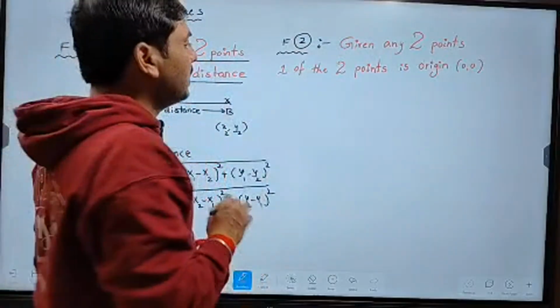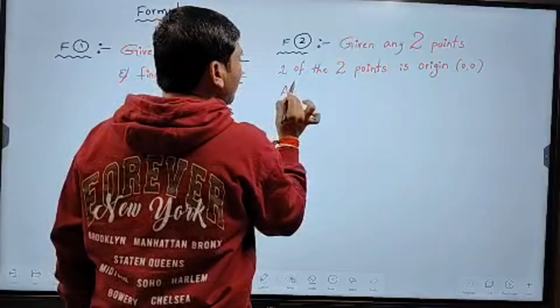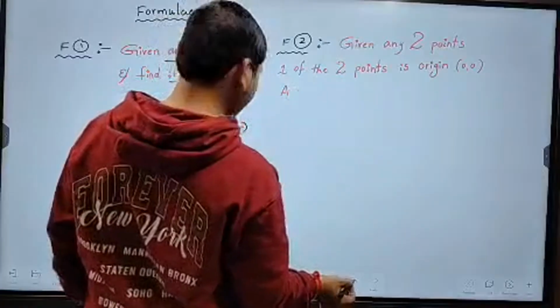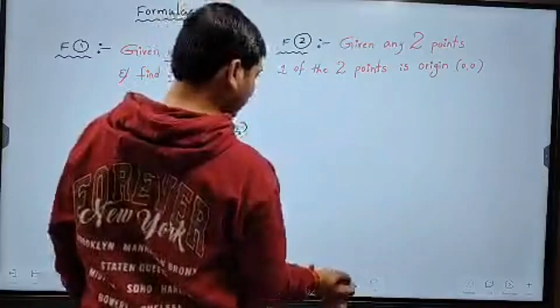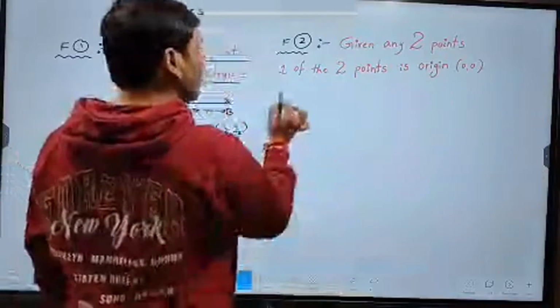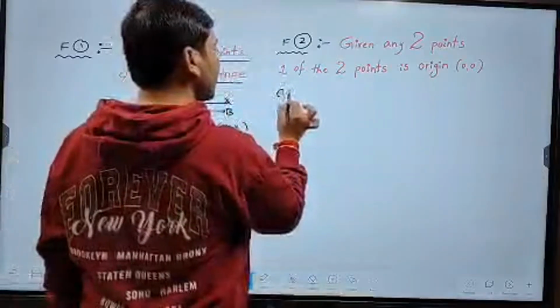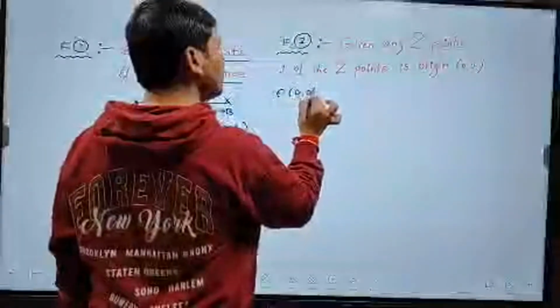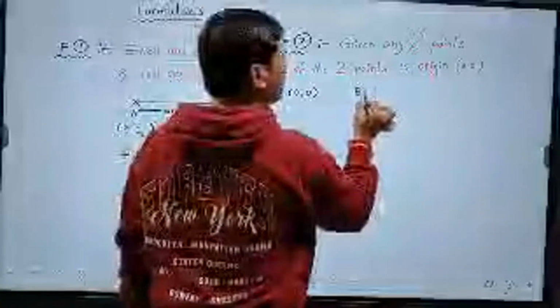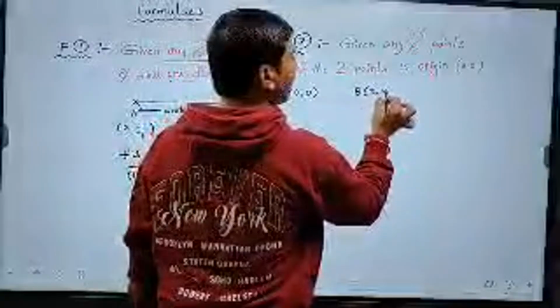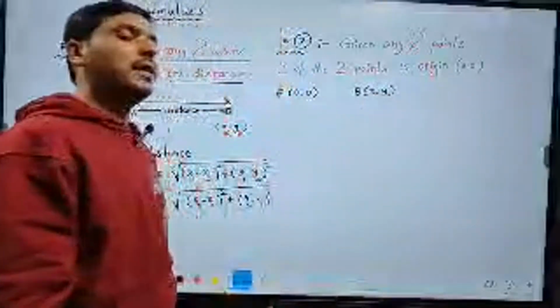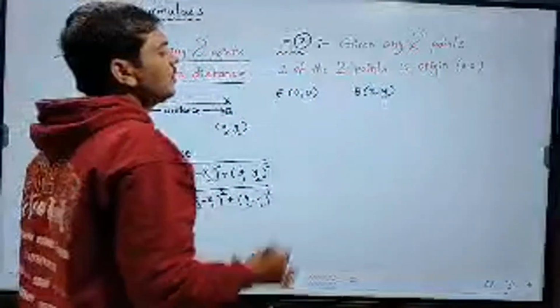For example, I represent capital A point as 0, 0 and capital B point as x, y.